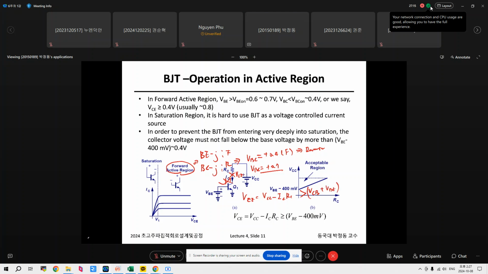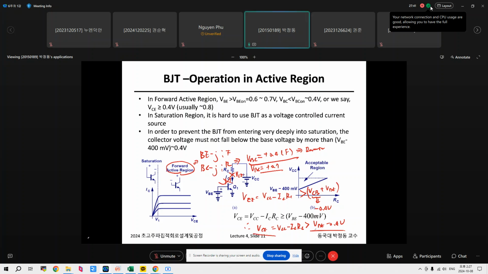Here, the maximum VCB is minus 0.4 volt from this. Therefore, VCE equals VCC minus ICRC should be larger than VBE minus 0.4 volt. Okay? That's why you get this relation.